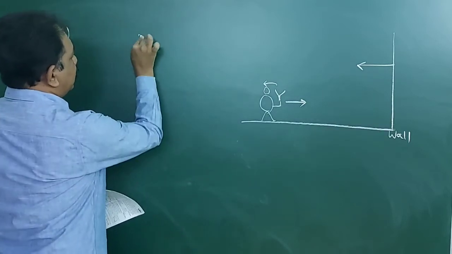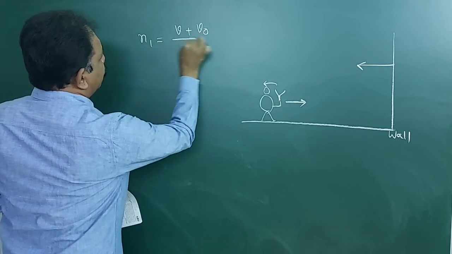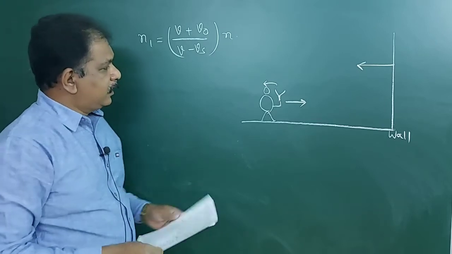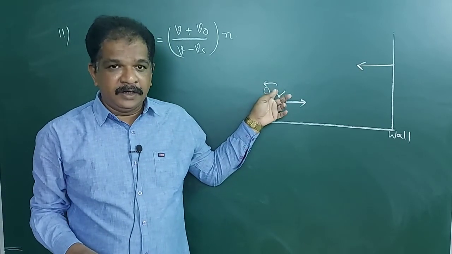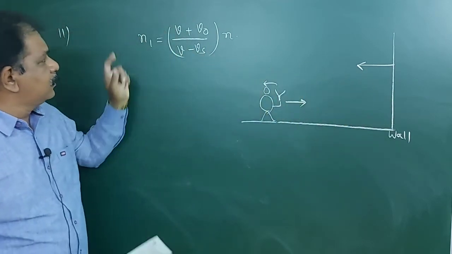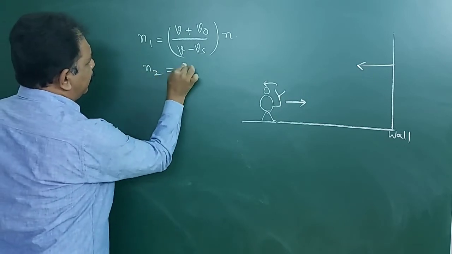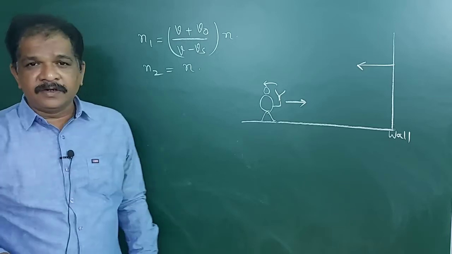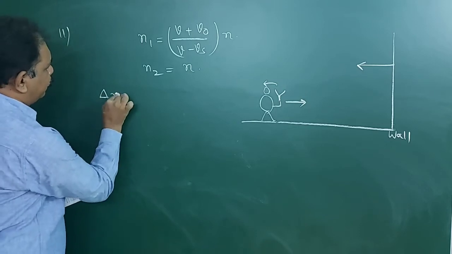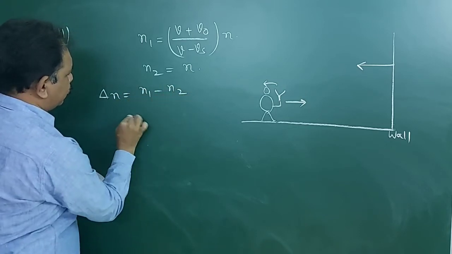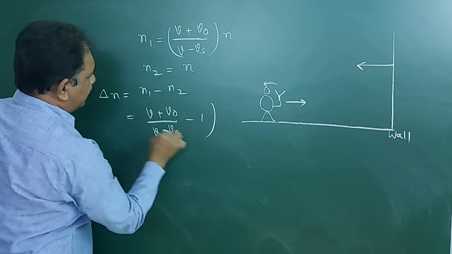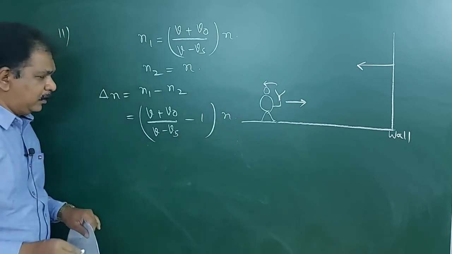The sound is coming like this, he is going like this. At that time, the apparent frequency is V plus Vo by V minus Vs into N. That is the apparent frequency, the first problem we did in this class. The sound is coming like this, he is moving like this, then he will listen to this frequency. Another one will be direct sound, that frequency will be N. It will be more than this N. Number of beats is equal to N1 minus N2, which is V plus Vo by V minus Vs minus 1 into N. N we can take common.